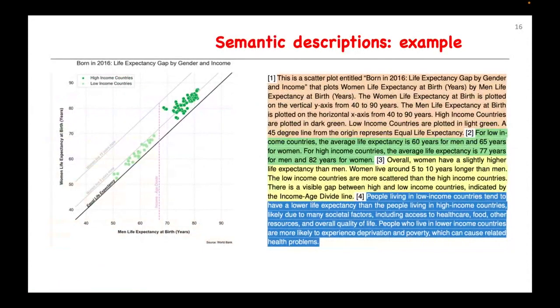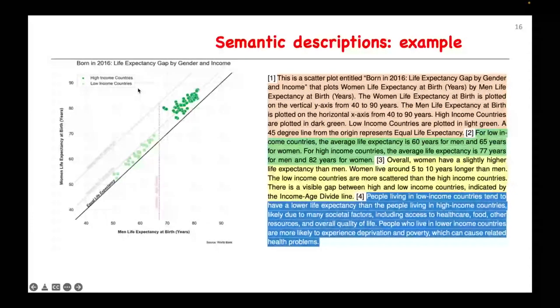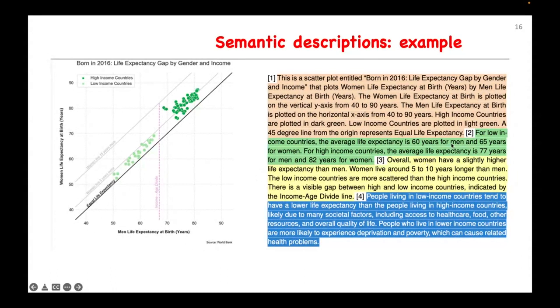If we look at this, I'm not going to read the whole thing, but essentially this is looking at life expectancy by gender and income. The coding's the same, so this is a scatter plot.